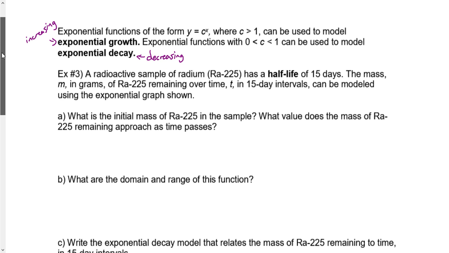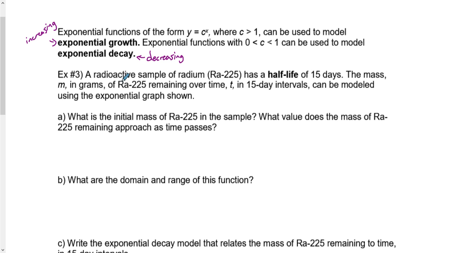So in our example, we have a radioactive sample of radium, radium-225, which has a half-life of 15 days. The mass, m, in grams of radium-225 remaining over time t in 15-day intervals can be modeled using the exponential graph shown.